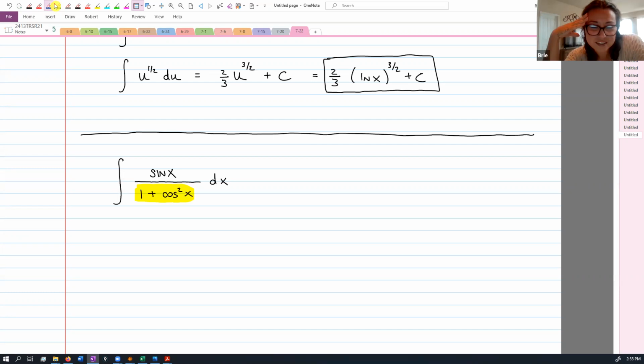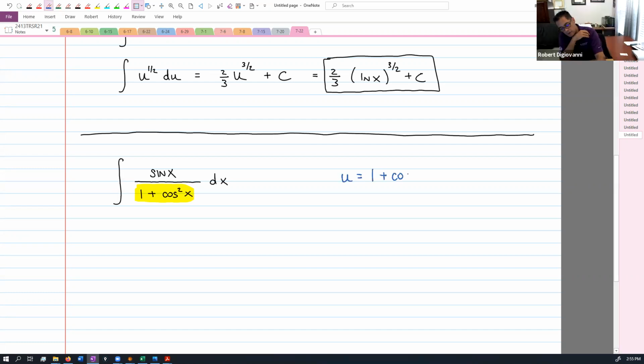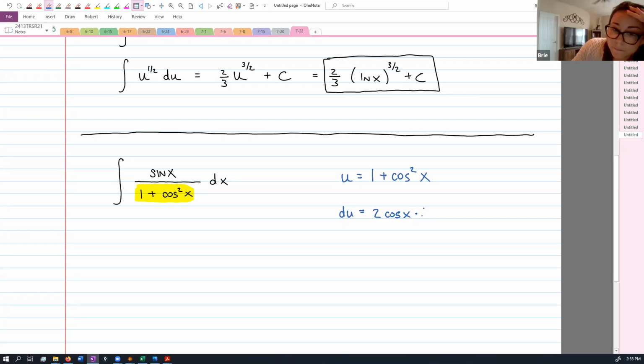Okay, let's think that through. If that were the case, what's the derivative of that? The derivative of that would be, we have some chain rule there, don't we? Because of the cosine squared x. We would have 2 cosine x times, what's the derivative of cosine? Negative sine.